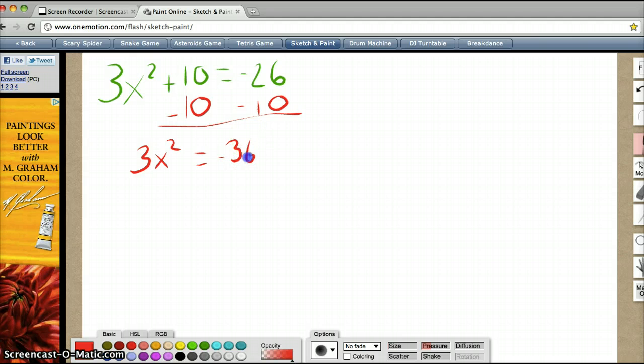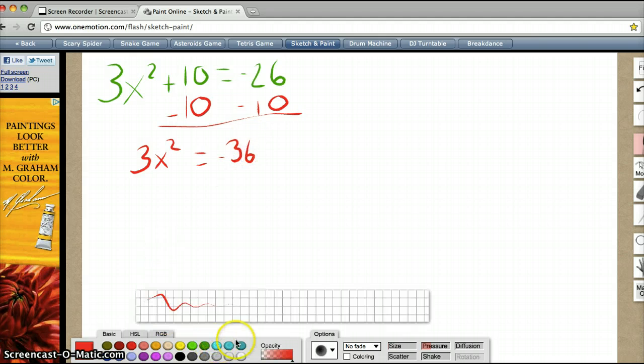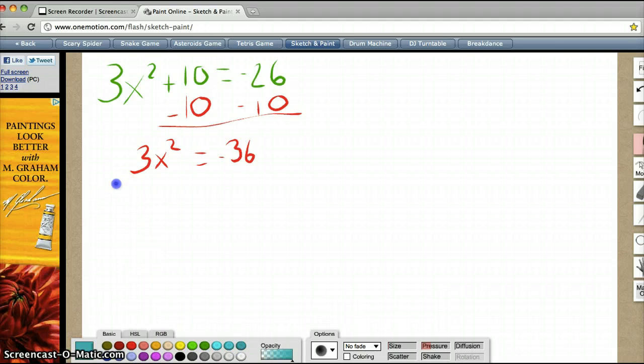All right, and then we're going to get rid of that 3. So we're going to divide by 3 and divide by 3. And then we've got x squared equals a negative 12.